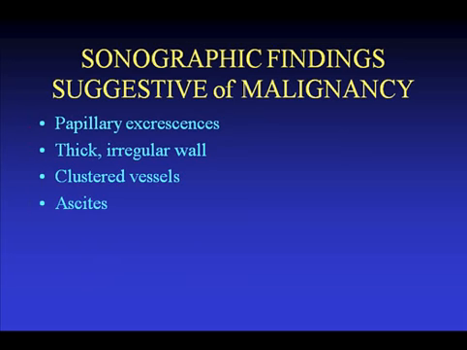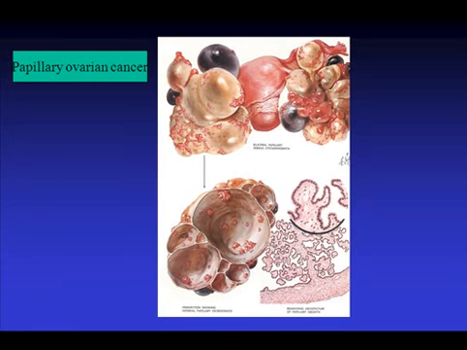The findings of malignancy are shown here. Papillary excrescences, only 50%, however, will be truly malignant. Some of these are borderline tumor, but thickened and irregular walls and clustered vessels on color are certainly findings suggestive of malignancy, as well as ascites.